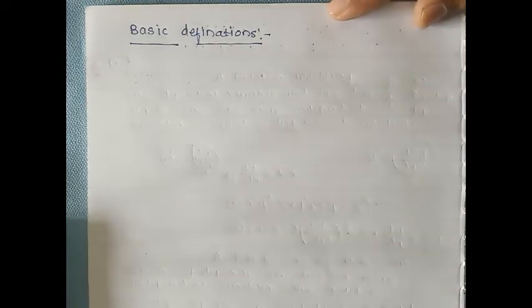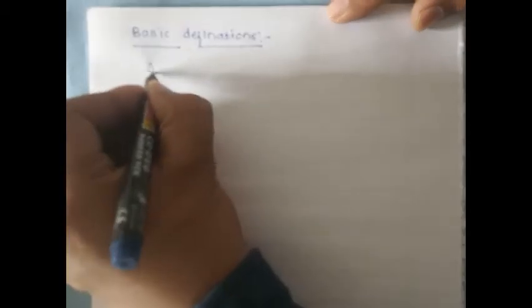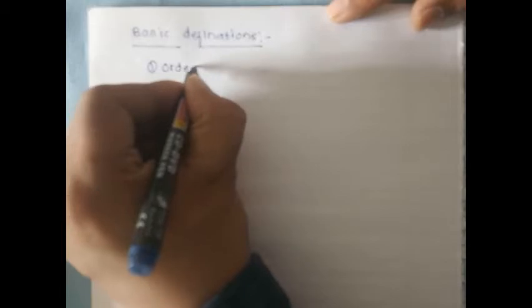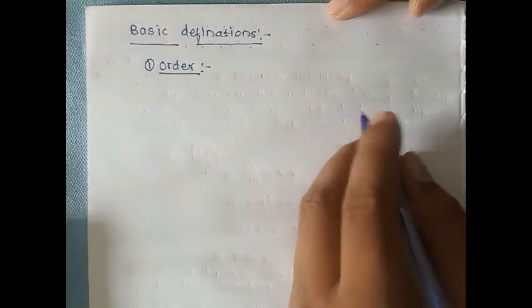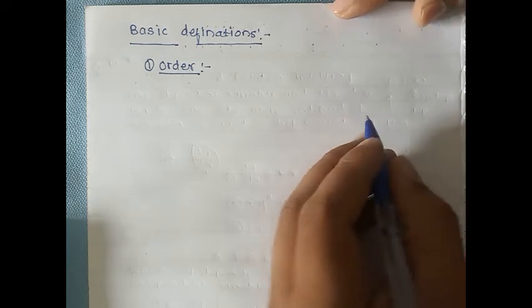Basic definitions. The first one is the order of a differential equation. What is meant by order? The order of a differential equation is the order of the highest derivative in the equation.